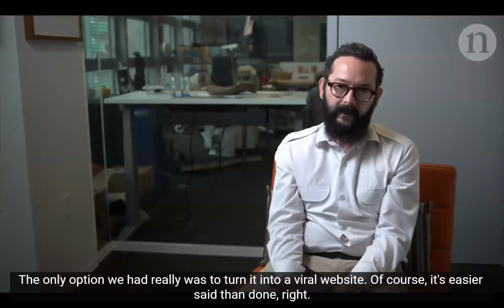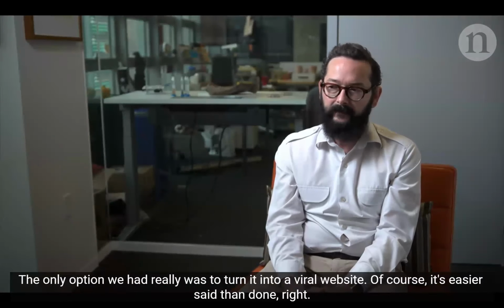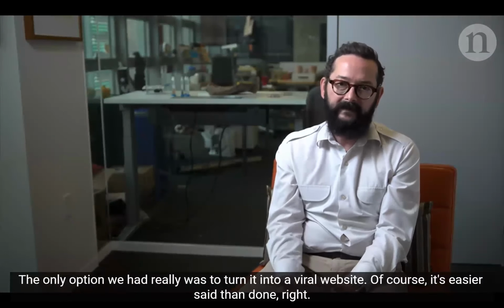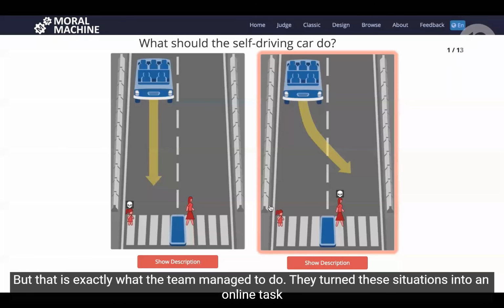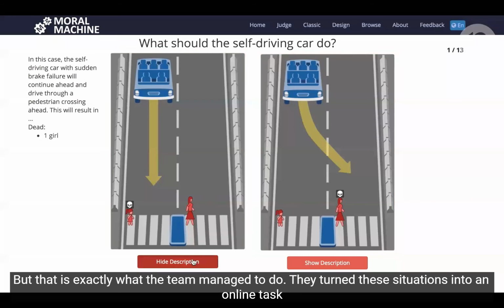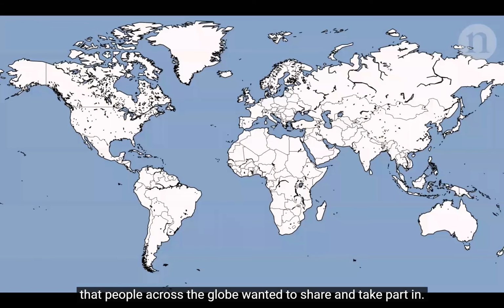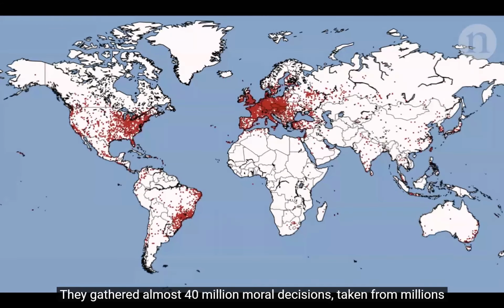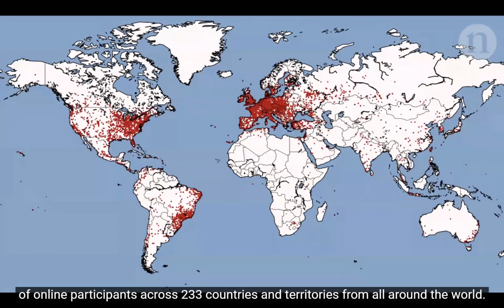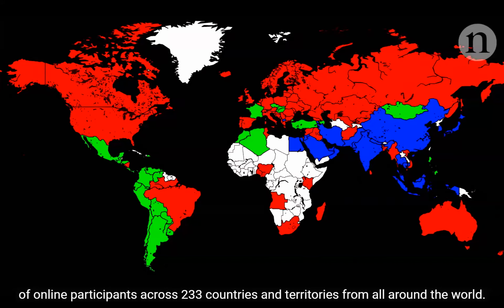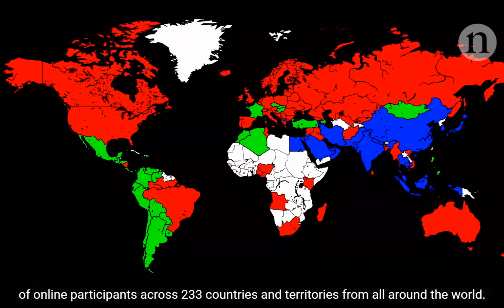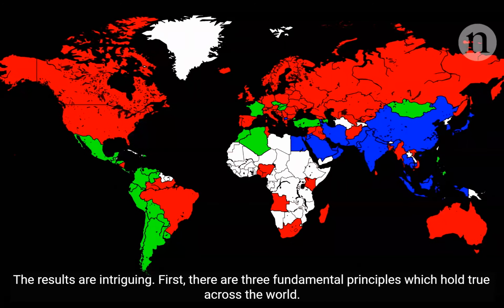The only option we had really was to turn it into a viral website. Of course, it's easier said than done, right? But that is exactly what the team managed to do. They turned these situations into an online task that people across the globe wanted to share and take part in. They gathered almost 40 million moral decisions taken from millions of online participants across 233 countries and territories from all around the world. The results are intriguing.